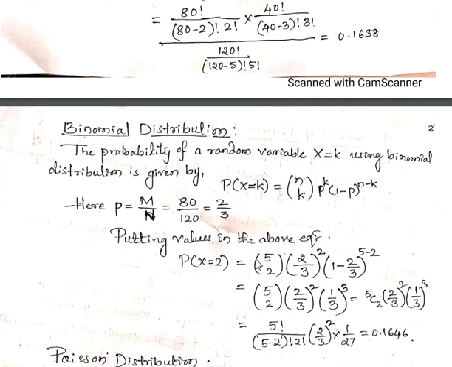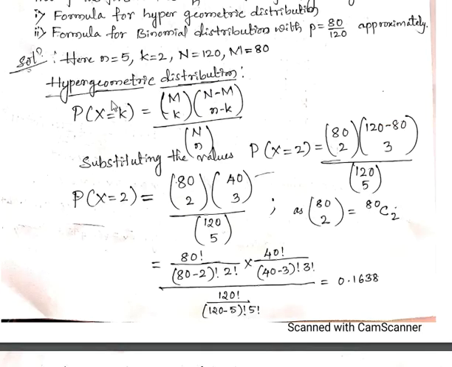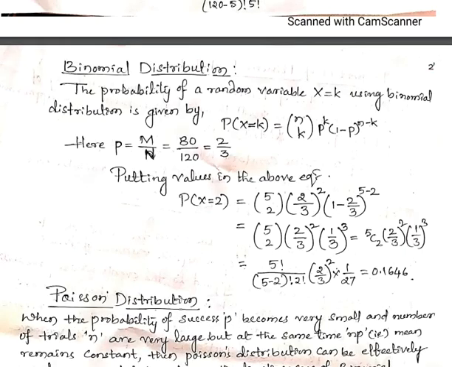Now the binomial distribution. The probability of random variable x equal to k using the binomial distribution, because we found the earlier value using the hypergeometric distribution. So how is it to be calculated? The probability of random variable x equal to k by using the binomial distribution is nCk p raised to k into 1 minus p raised to n minus k.